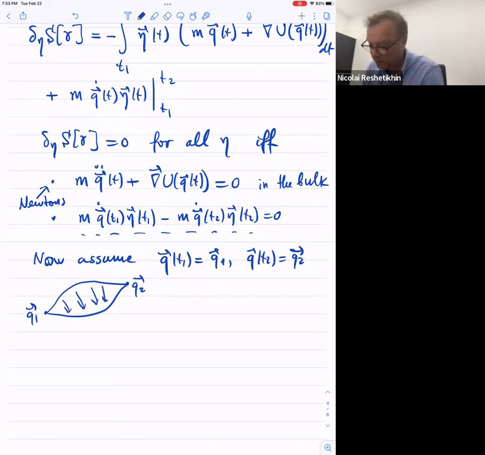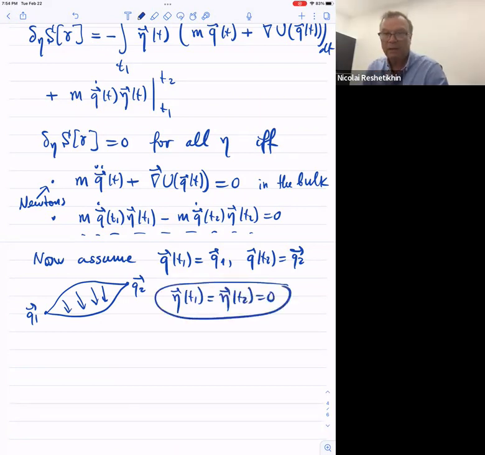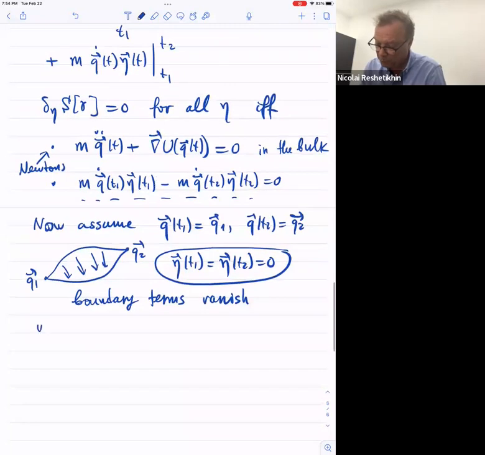At the boundaries, everything is fixed. So it means that for this boundary condition, the boundary value of the variation is 0, which means that the boundary terms vanish.